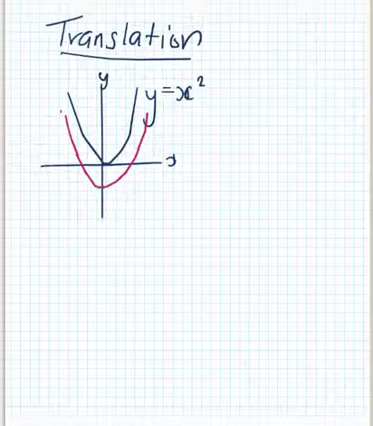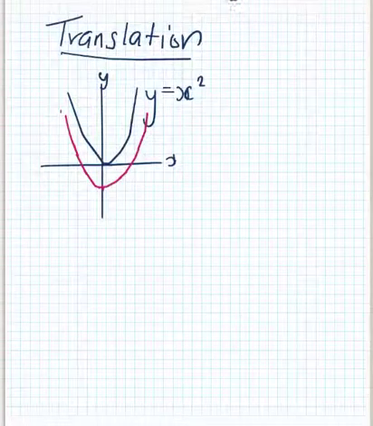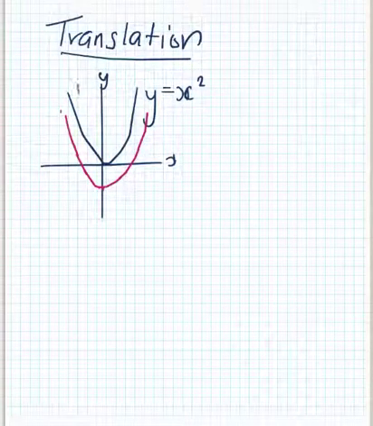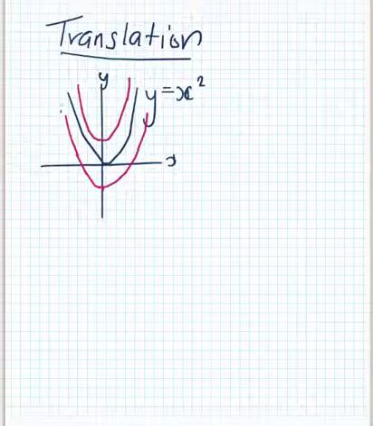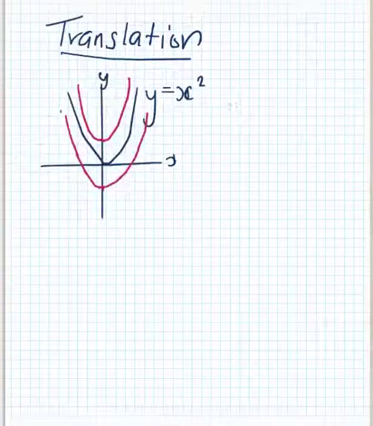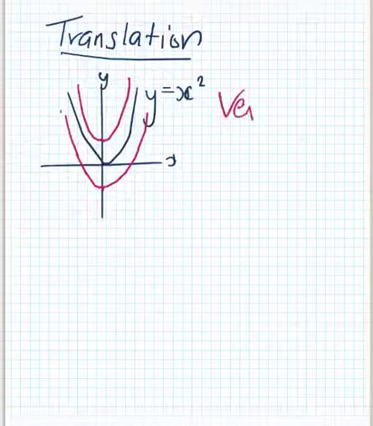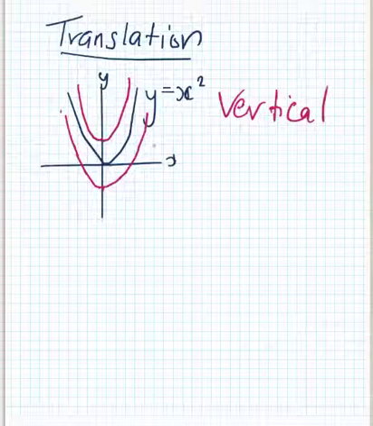If I drew another parabola up here, in red as well, exactly the same shape, same dilation, you can see how it's simply shifted up, or been translated vertically a certain amount of units. So this is what we call vertical translation, moving up or down.